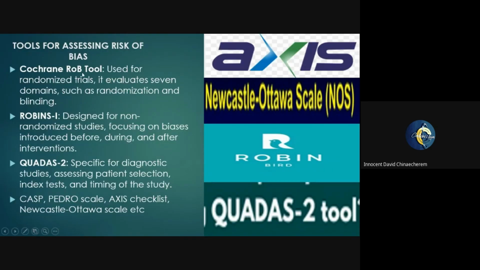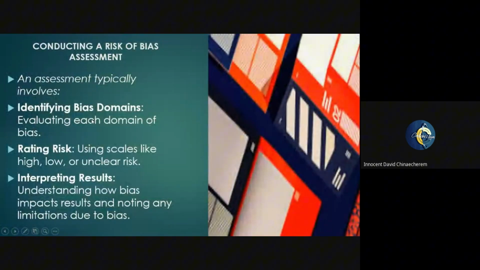So we have an idea of what all the tools are in practice. Now, the question is, when we are conducting a systematic review, what do we need to do? It's already simple, and don't worry, we're also going to have a very detailed explanation shortly in a future episode. Now, an assessment typically involves, first of all, identifying the bias domains.